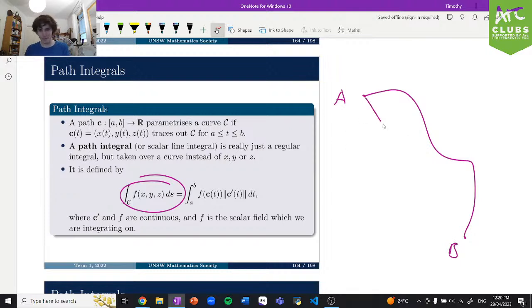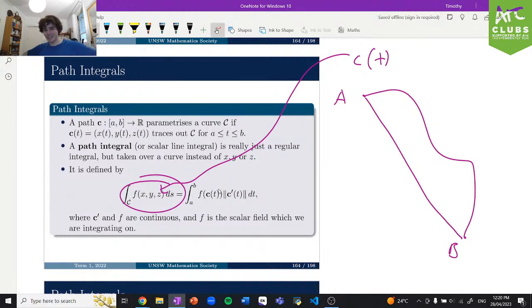Like I said before, most of the time it's going to be a straight line from A to B, and let's call that path C of t. You then take the derivative of it, find the absolute magnitude of it, and then substitute your expression into the components of your function. That gives you a normal looking integral, and you can integrate it from your start point over to your end point, which is very cool.